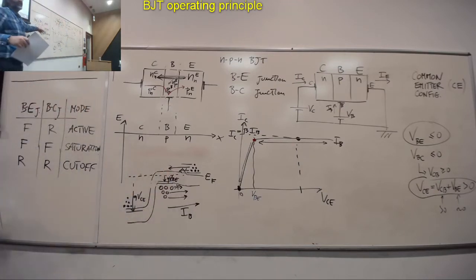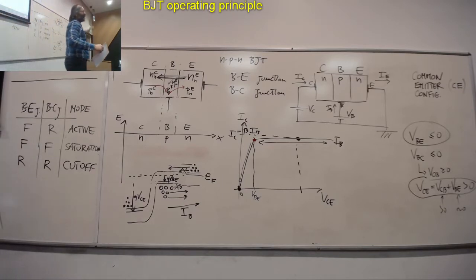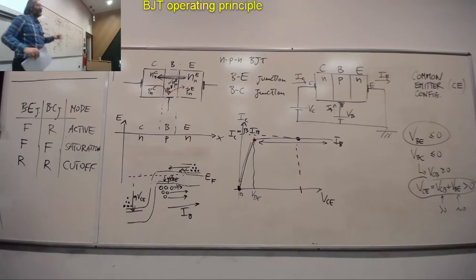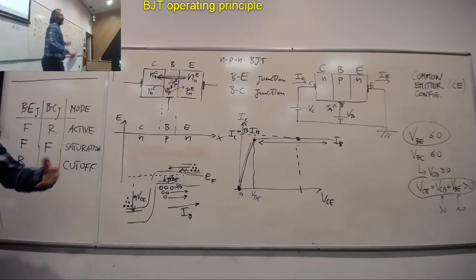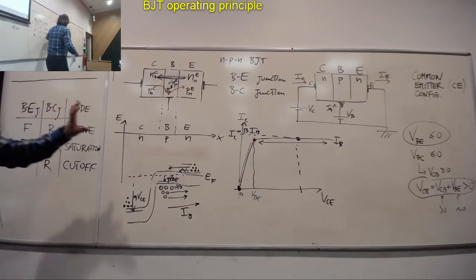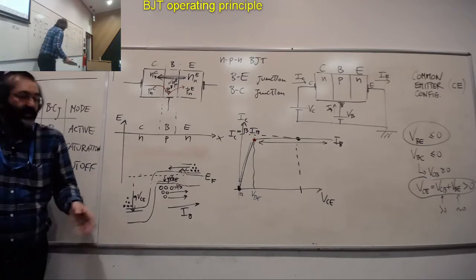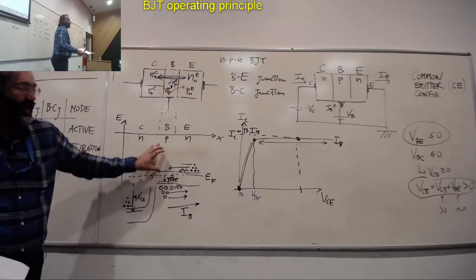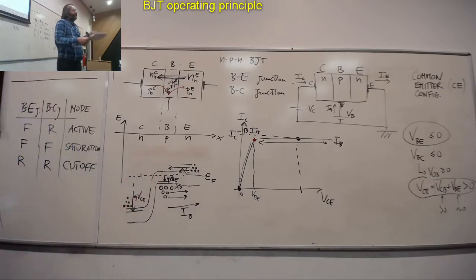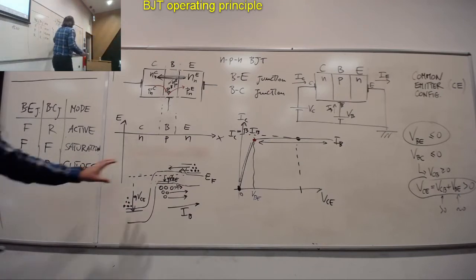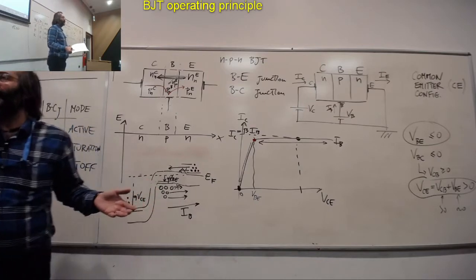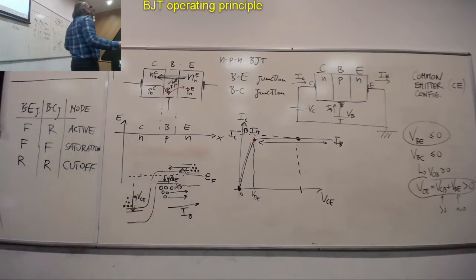We've briefly considered this before when we were qualitatively trying to understand the property as a valve, if you like, of the BJT, as a switch. Obviously, what we understand is that if I turn off, if you like, the BE junction, the transistor will not work anymore, will give zero current, obviously.